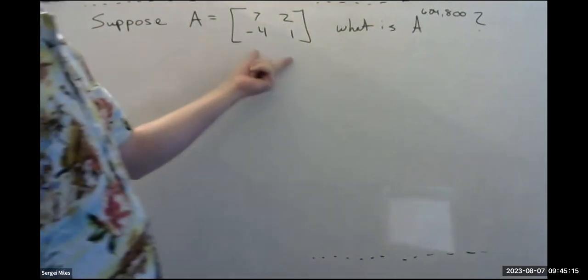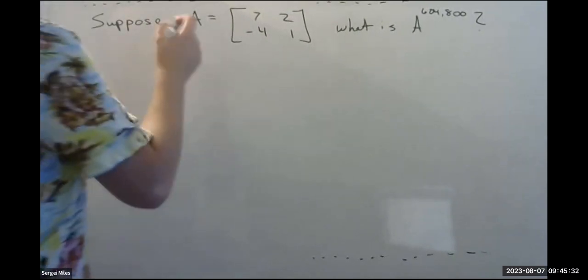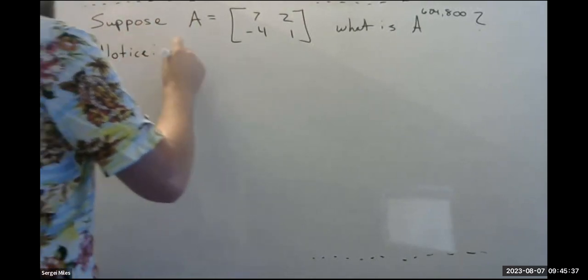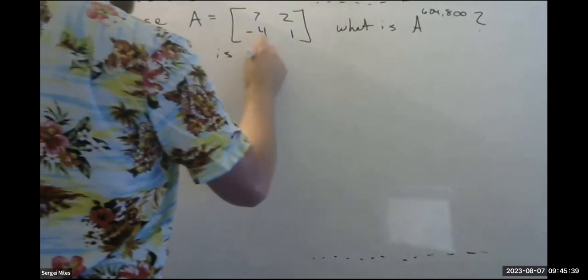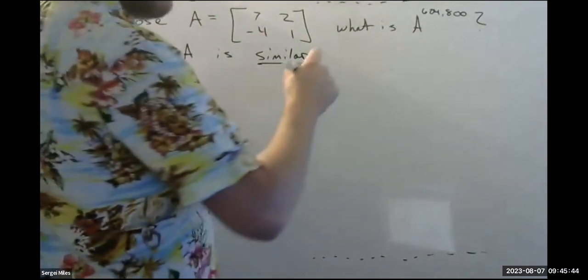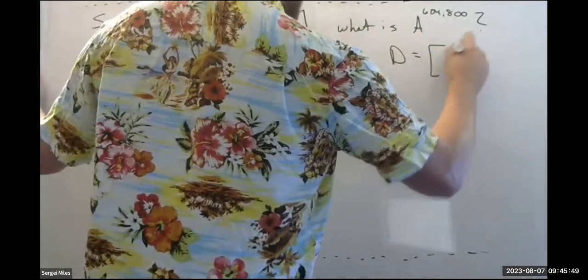This matrix is not diagonal, but if I could somehow rewrite it as a diagonal matrix, maybe that would be helpful. Okay, I'm going to go ahead and give you the solution here, and then we're going to do examples later about how to find this solution. But remember our definition for similar. Notice A is similar to the matrix D, 5, 0, 0, 3.